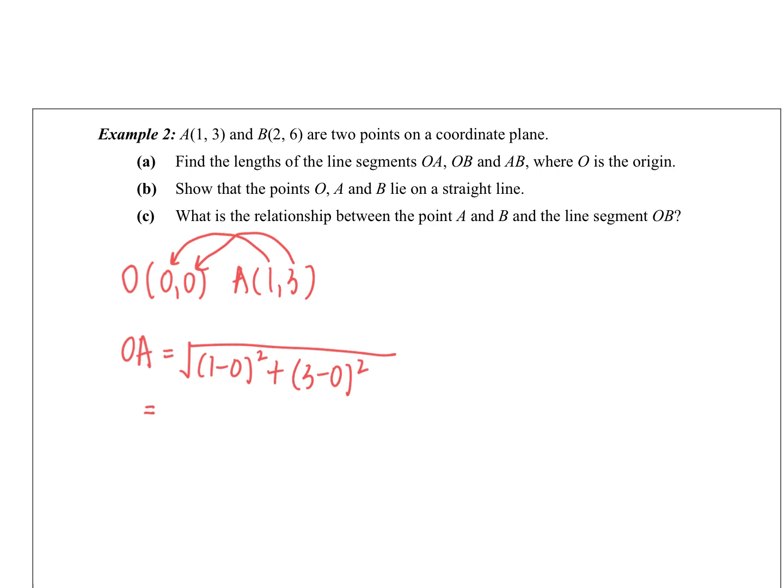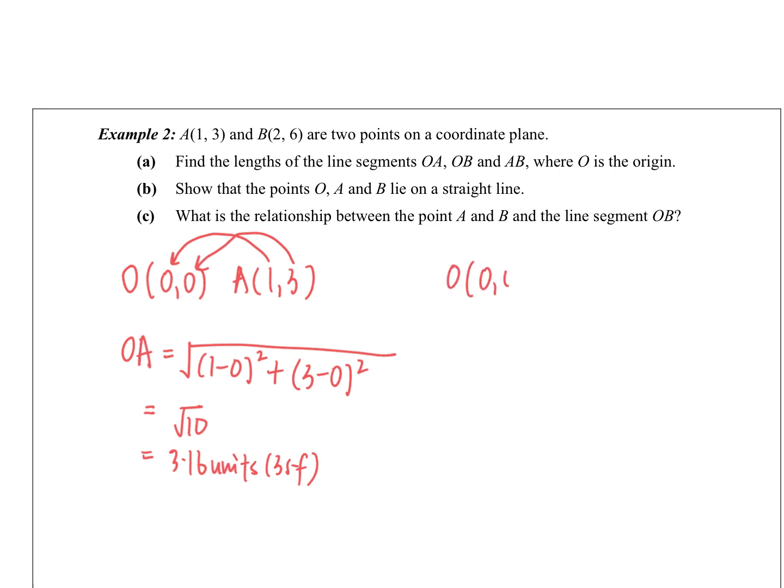So you will get square root 10. Which is what? What is square root 10? 5. No. What is square root 10? I never bring calculator. 2. No. 3.16 units. 3SF.